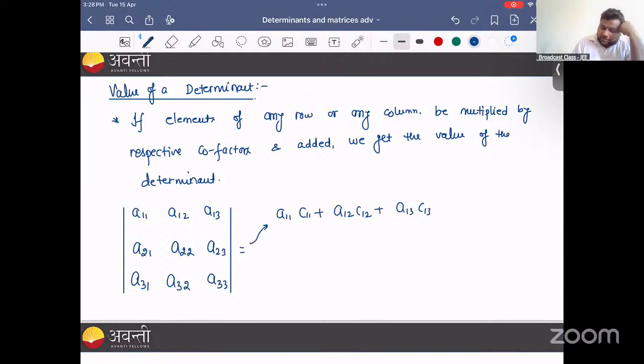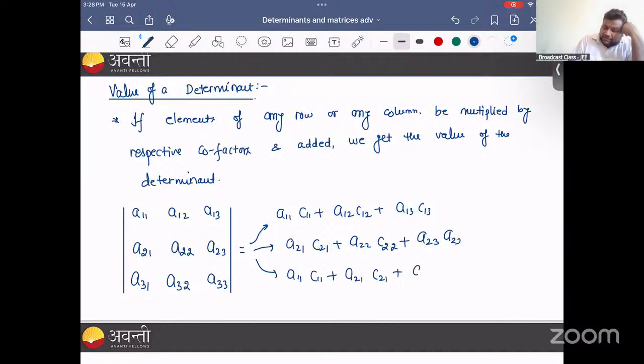Or multiply the second row, A21 C21 plus A22 C22 plus A23 C23, or multiply with, say, the first column, A11 C11 plus A21 C21 plus A31 C31, and so on and so forth. This is the value of the determinant.